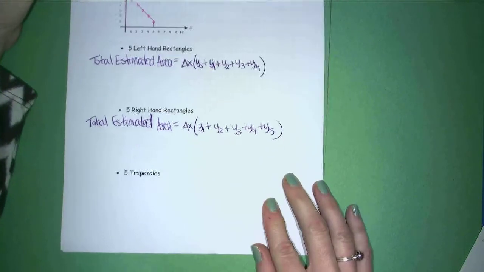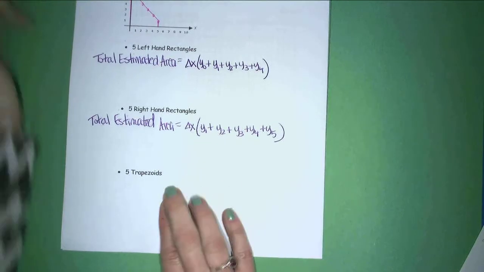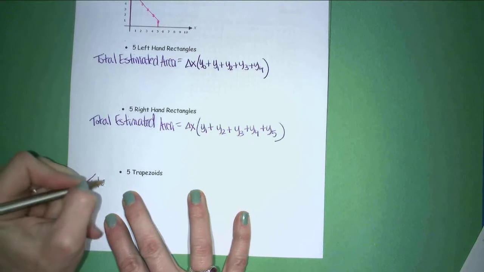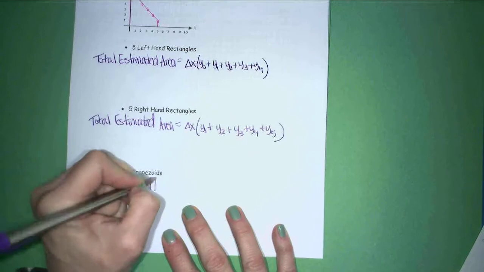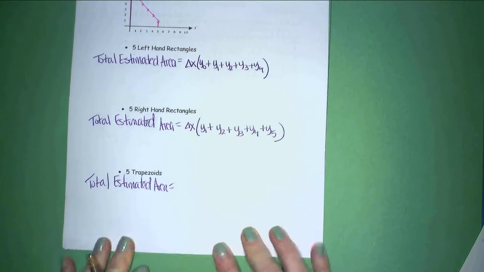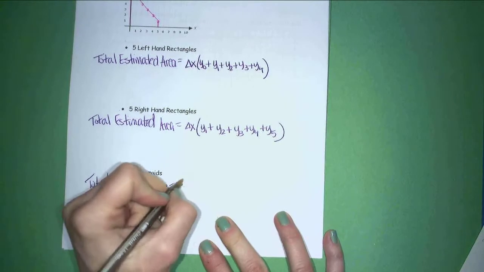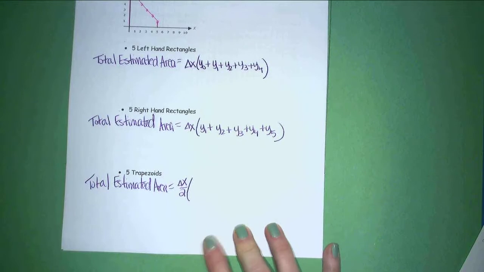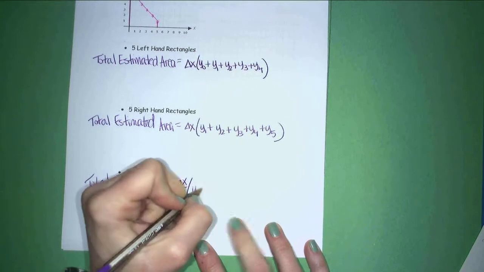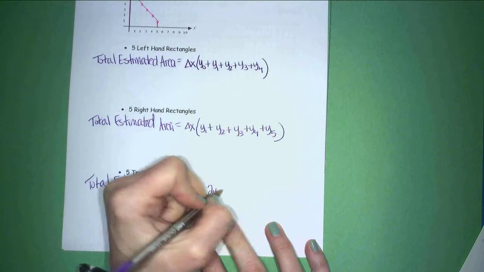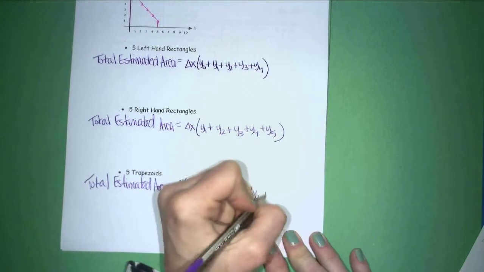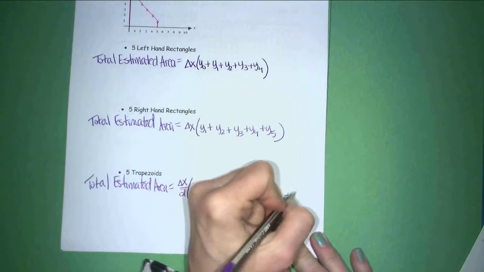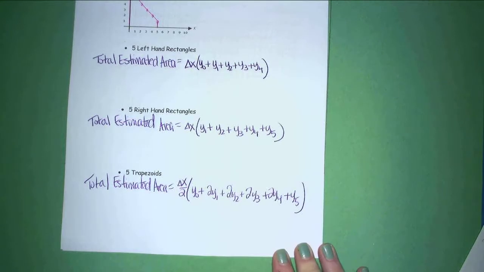And finally, when we did the 5 trapezoids, our total estimated area that we boxed in on previous pages was as follows. Delta x over 2 times y sub 0, 2y sub 1, 2y sub 2, 2y sub 3, 2y sub 4, and finally at the end a y sub 5.